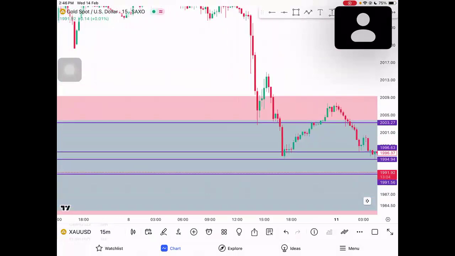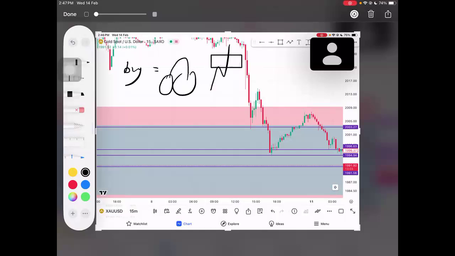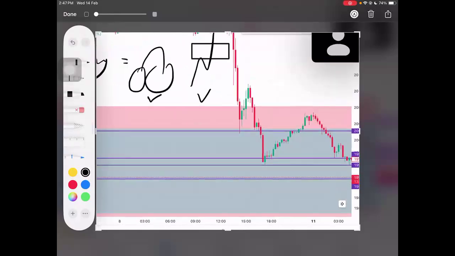Okay, this one. To buy, what structure do you want to use? This kind of structure. So you look for only these two structures. From here, we only have one EG.